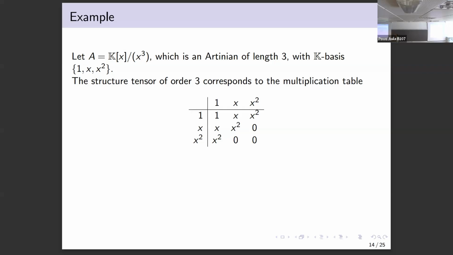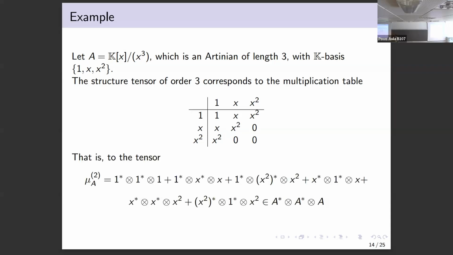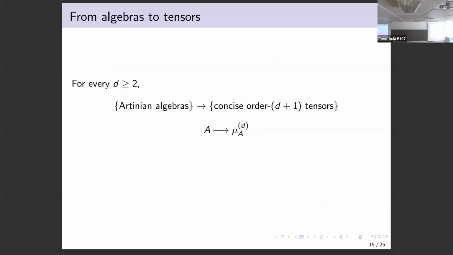So 1 times 1 equals 1, 1 times x squared is x squared, but x squared times x will be x cubed, which is in the ideal, so 0. And this is what this tensor here means. Again, we should think of this as 1 times 1 equals 1, 1 times x equals x, and so on.